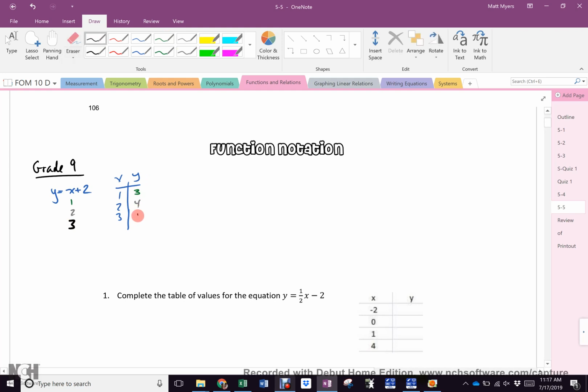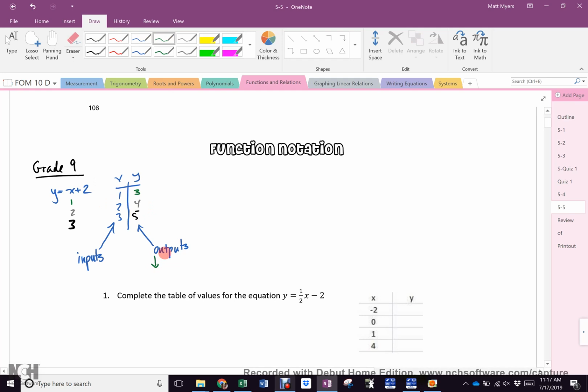That's grade 9. Everything's cool, yeah? These are inputs. These are outputs.